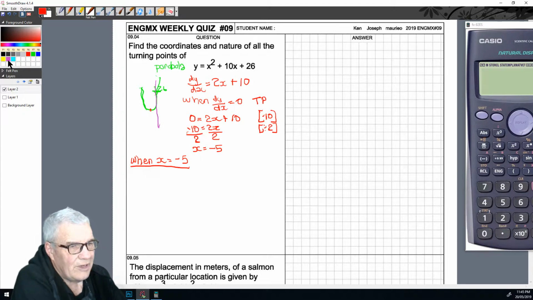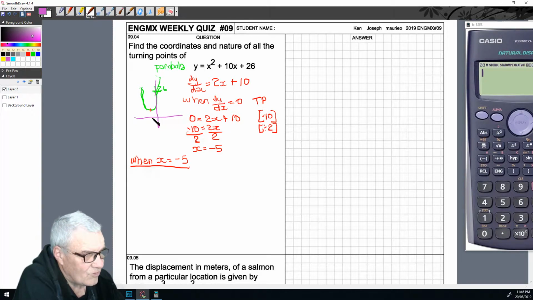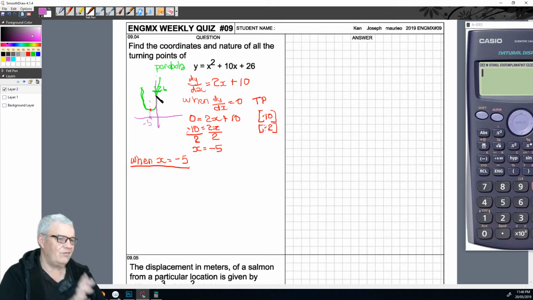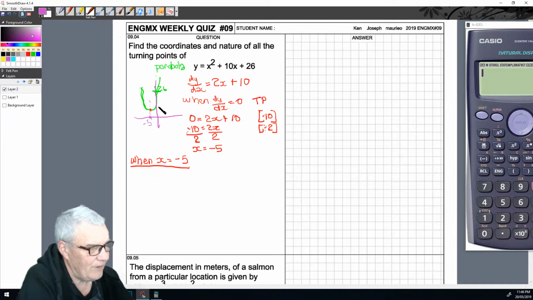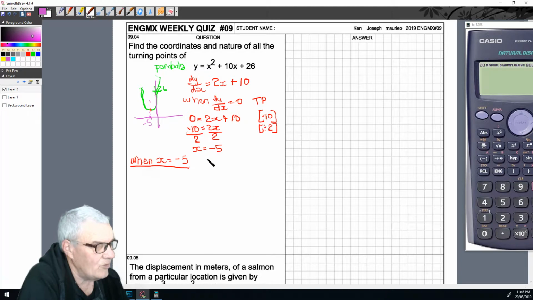So I can draw my x-axis in here, and that point there is going to be -5. But when x equals -5, what's my y? Where on the graph is my y?